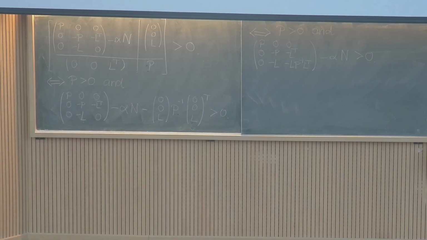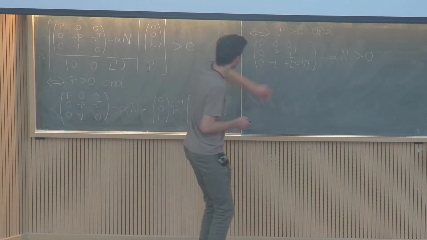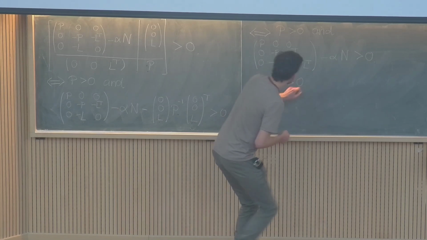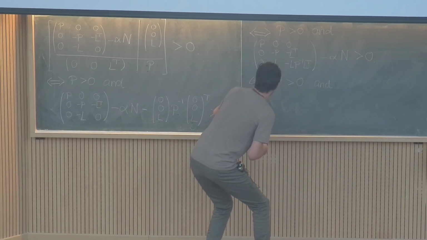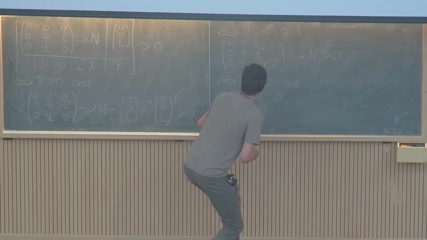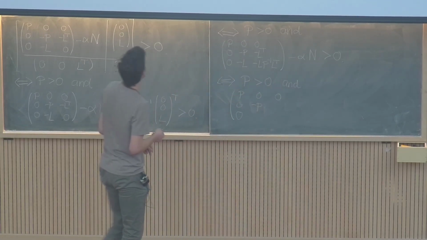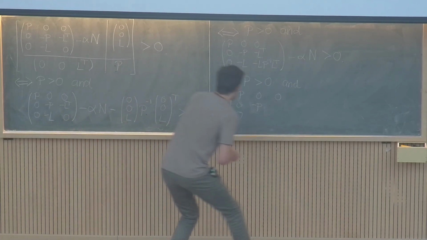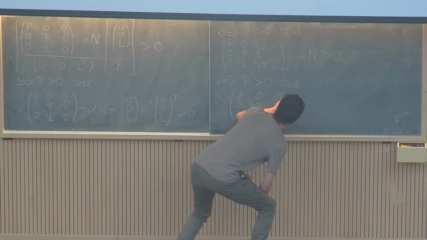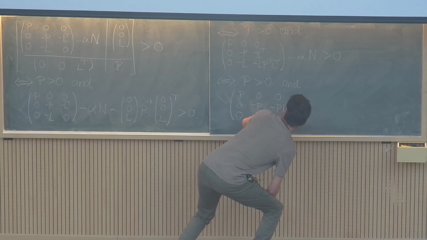Okay, final step. I now define K to be L P inverse. So let's try to plug it in here. So this becomes if and only if both P is positive definite, and by changing these variables now, I have P, 0, 0, 0, 0, minus P. Well, minus L becomes minus K P, minus P K transpose, and then finally in the lower right corner I have minus K P K transpose.